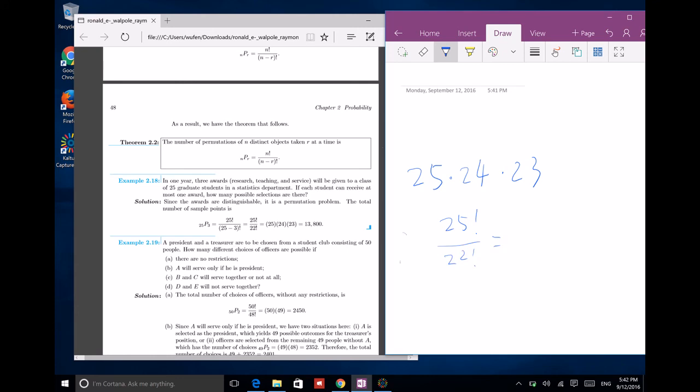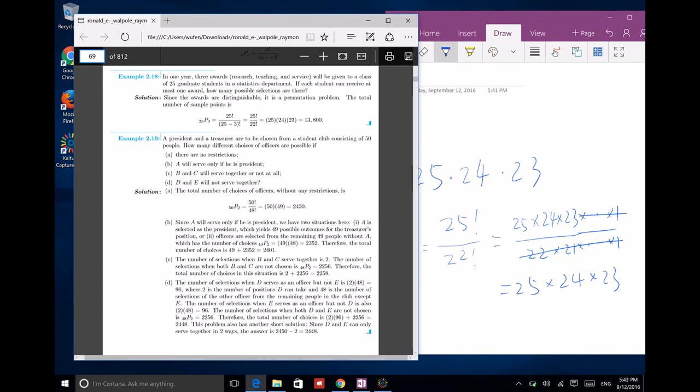It is 25 times 24 times 23 times, and continue multiplied down to 1, over 22 multiplied by 21 and continue multiplied down to 1. So everything else will cancel out. You only have 25 times 24 times 23. Okay, so that's the same idea as the previous example.